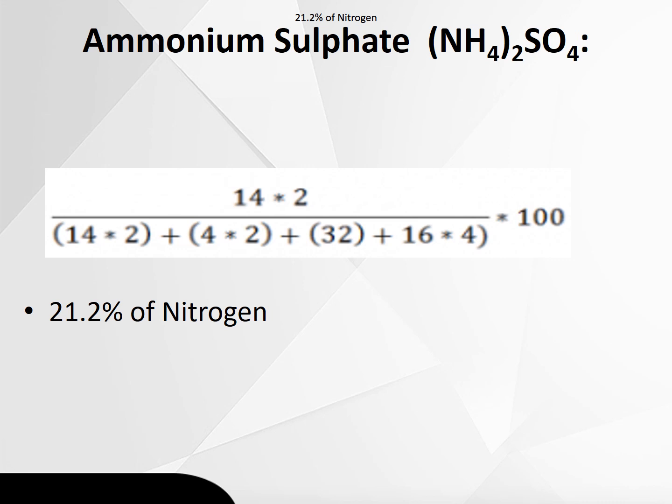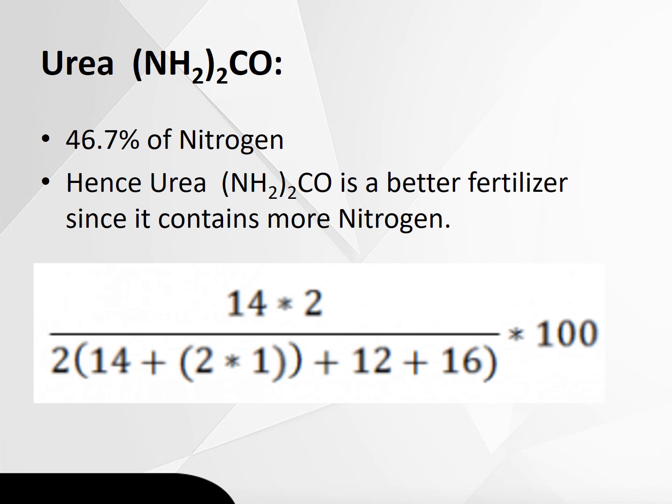That is equal to 21.2% of nitrogen. That is, ammonium sulfate contains 21.2% of nitrogen. Now, next is urea. 46.7% of nitrogen is present in urea, which we have found by using the same previous formula. Hence, urea is a better fertilizer because it contains more nitrogen.